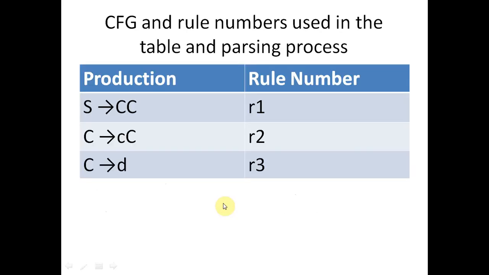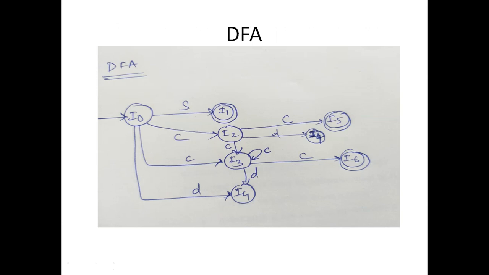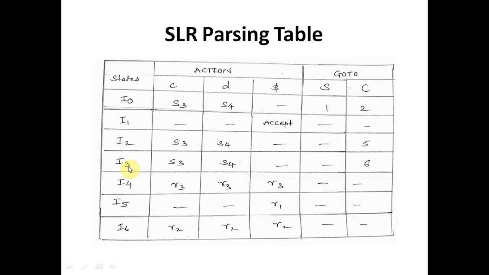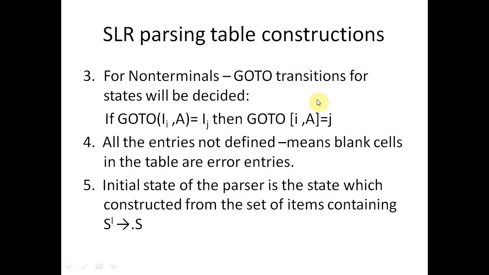Again we'll go back and see in the transition diagram, in the states in the previous slide or this slide, which states are receiving non-terminals. I4 is not receiving any non-terminal, I5 is also not. I3 is receiving capital C, and it is making a transition to the sixth state. So only I3. We'll go to the table and make the entry that I3 on receiving capital C makes a transition to the sixth state. Like this, the goto entries, wherever possible, we have written.